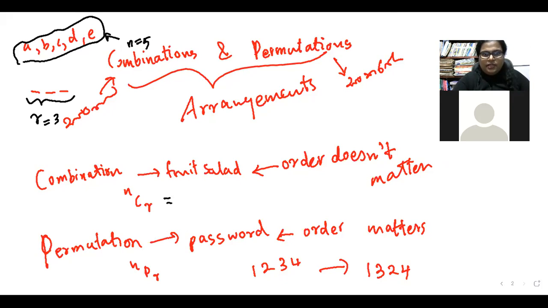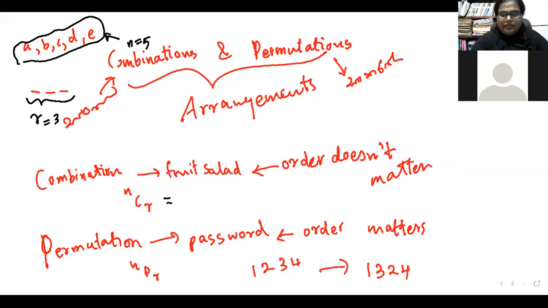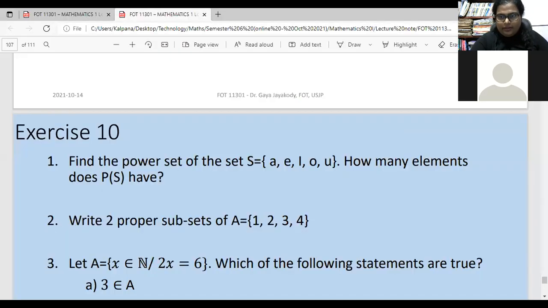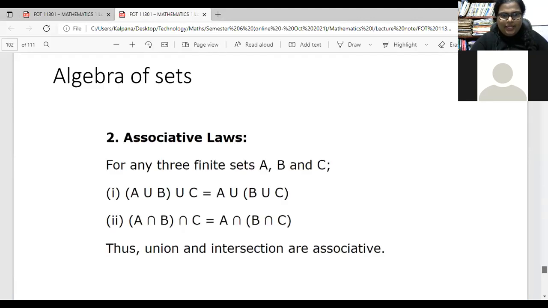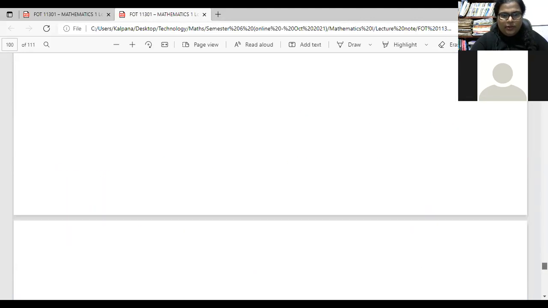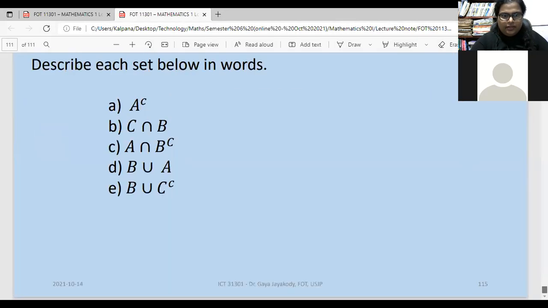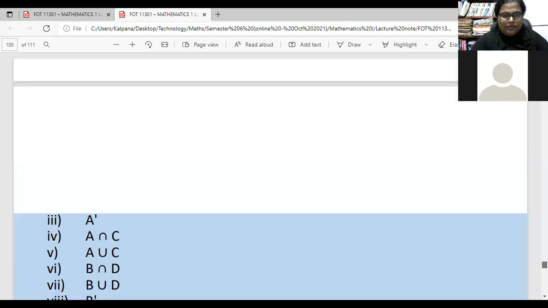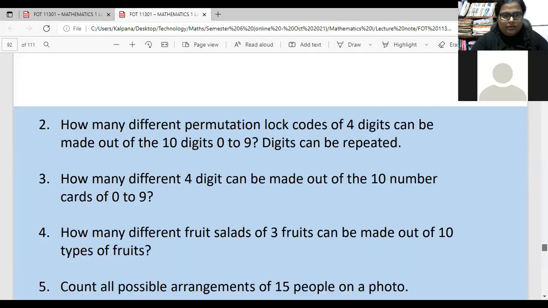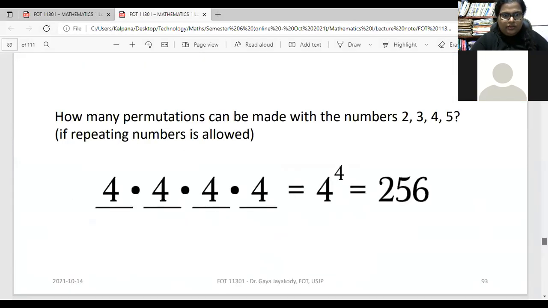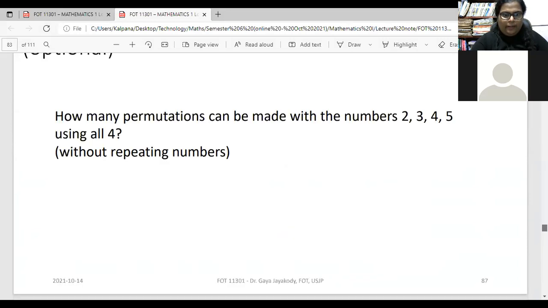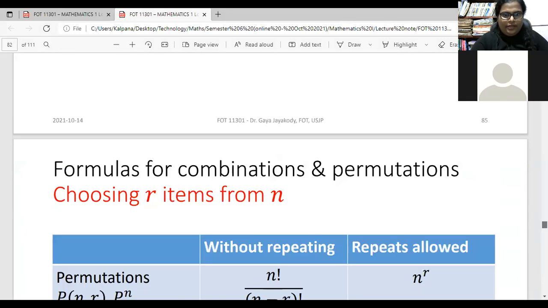These are some formulas that we can use for these nCr and nPr. Give me 1 second. Yeah, this one.